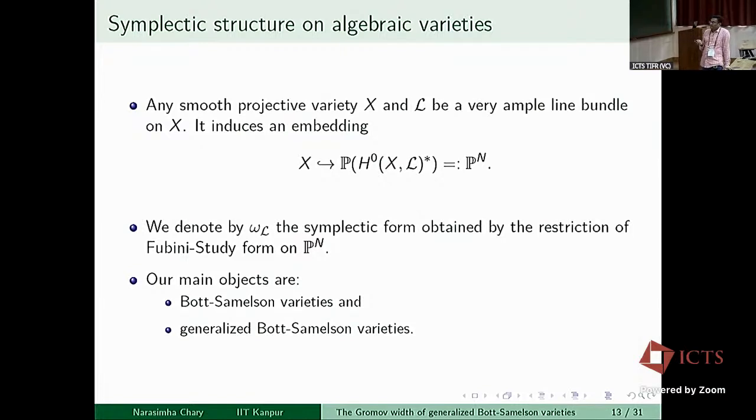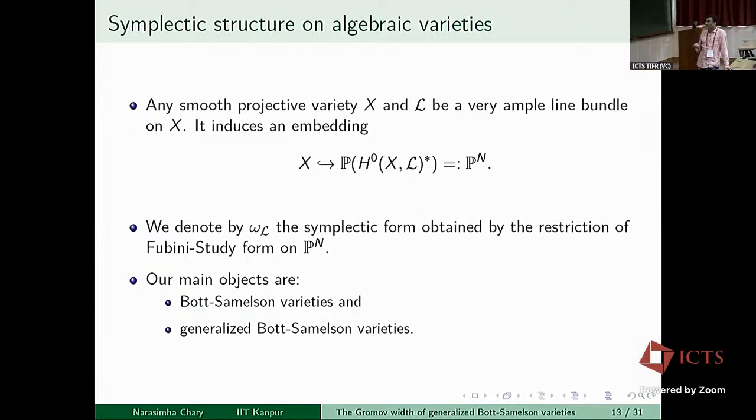The projective space has a nice symplectic form, which is called the Fubini-Study form. Now you restrict it. So you started with a smooth projective variety, but you ended up with a symplectic manifold. Now it makes sense to ask what the Gromov width of this object is.